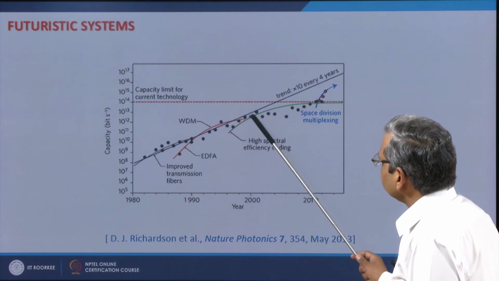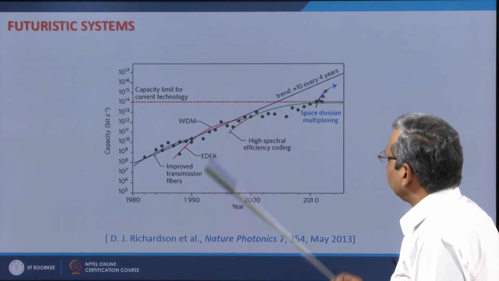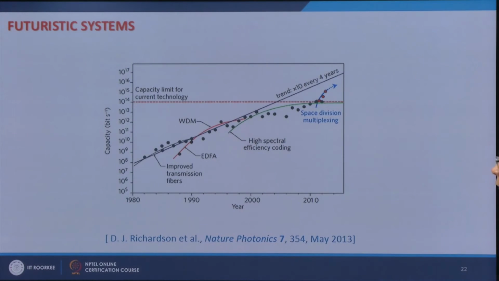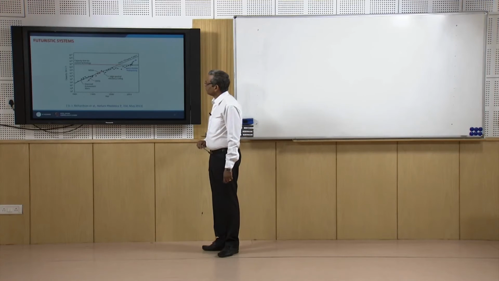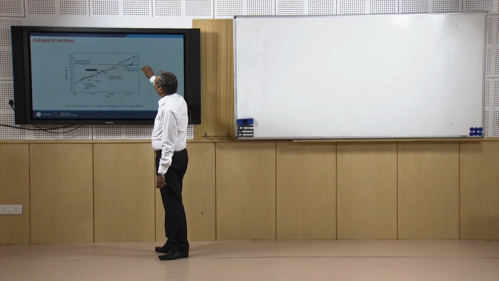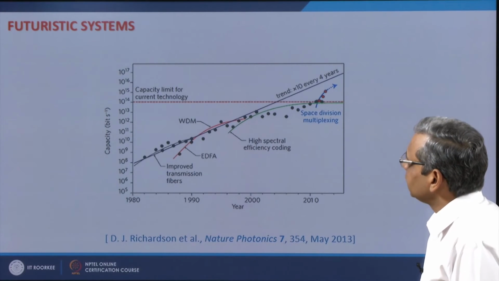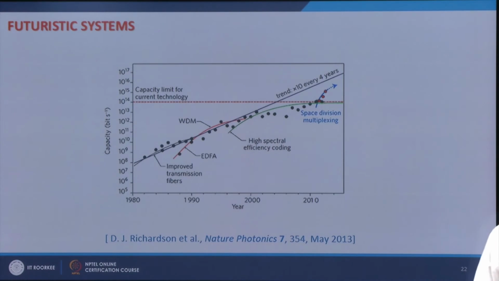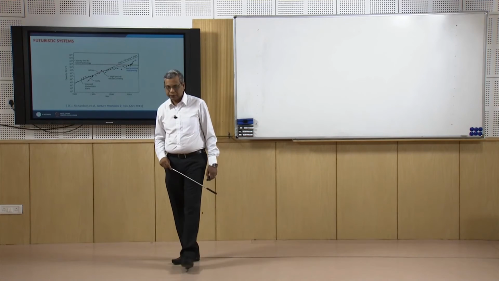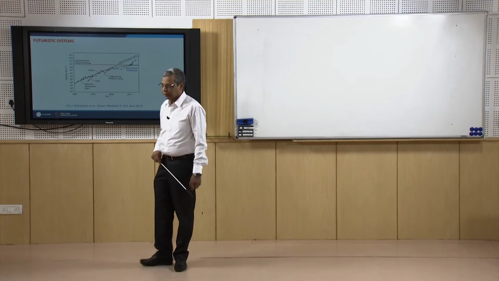Then after 2000, people tried to maintain it by high spectral efficiency coding, but now we have approached this limit, which is about 100 Tbps, the capacity limit of current technology, where we have utilized everything: high spectral coding, DWDM, everything.